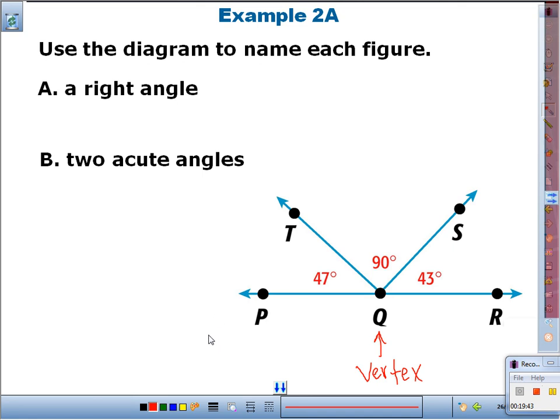Now, to read out the angles, you need to use 3 letters, but you always use the vertex for the center or the middle of the angle.